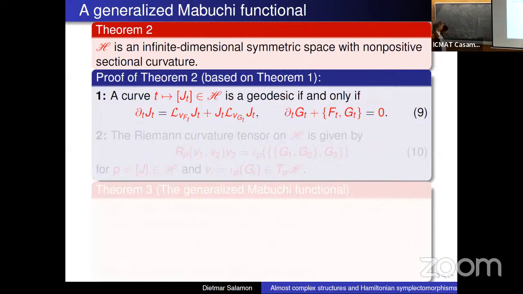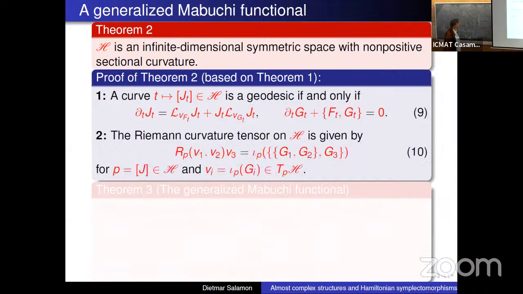What one finds is that a curve T goes to JT is geodesic if and only if it satisfies the usual equation that's written there, namely dt gt plus the Poisson bracket of ft and gt is 0. So that also is a hint as to what the Levi-Civita connection would be on this quotient manifold.